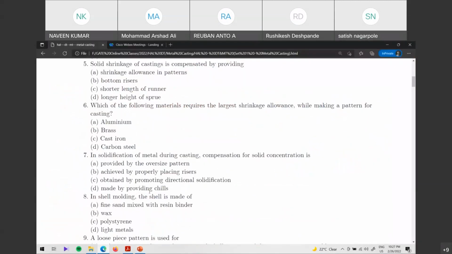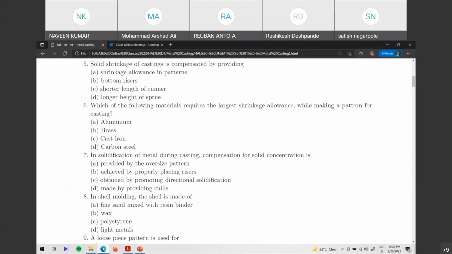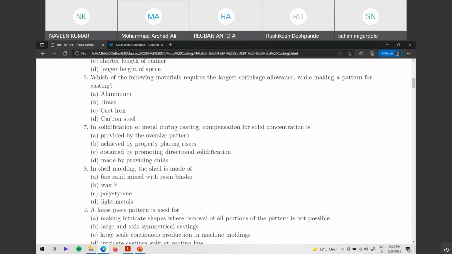Oh, you're saying seventh one? No, don't do the seventh one. We haven't discussed it yet. No, we have discussed it. Come on, tell what is the answer? What is the answer of 7th?